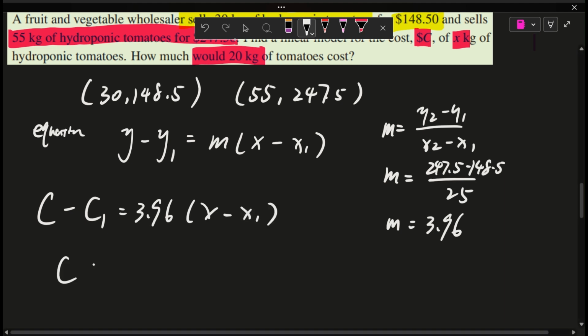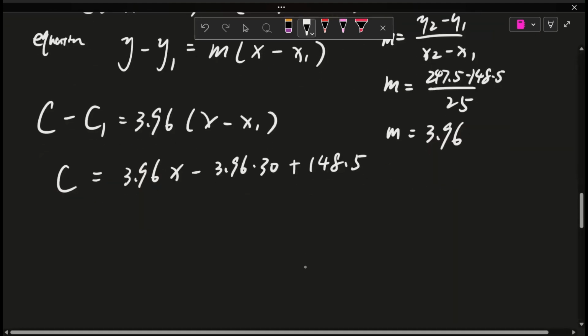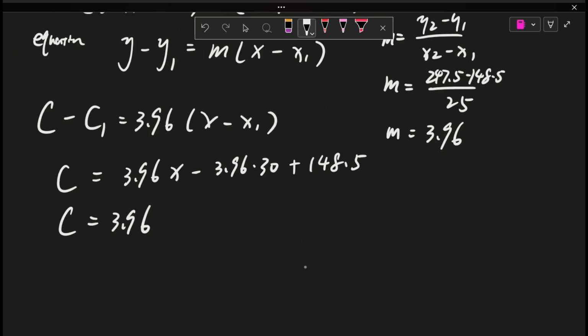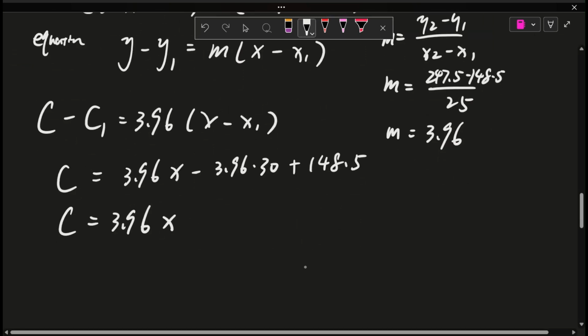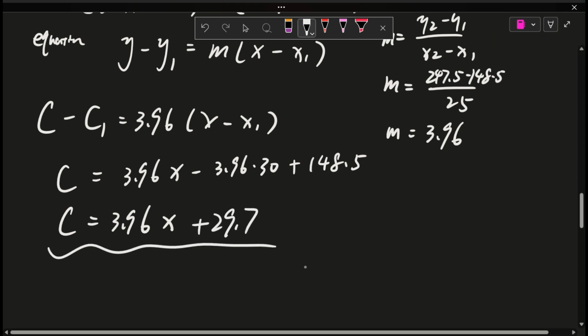So C equals 3.96x minus 3.96 times 30 plus 148.5, and C equals 3.96x plus 29.7. Use CAS to solve, okay?